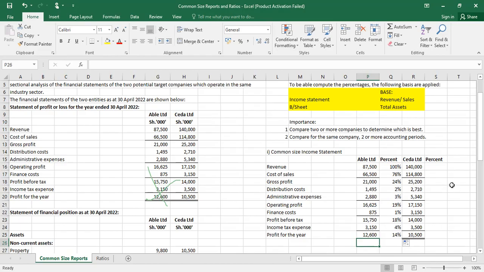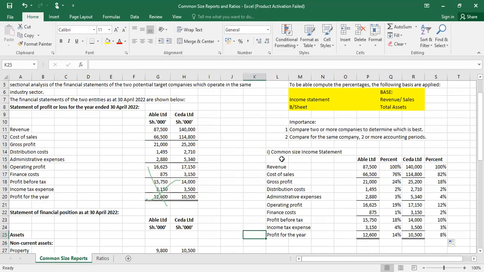The same thing we can do for Cedar. I'll take the revenue for Cedar and divide by the same revenue so that I have 100%, but I lock the denominator. I put a dollar before the letter, and I put a dollar after the letter. Because that denominator, that revenue, is constant throughout, very quickly I can get those percentages.